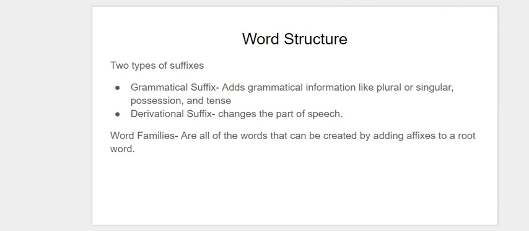If there were prefixes that you could add to the word kind, those would also fit. I'm not sure of any prefixes that you can add to the word kind, but pretty much any word that you can add affixes to would be a word family.